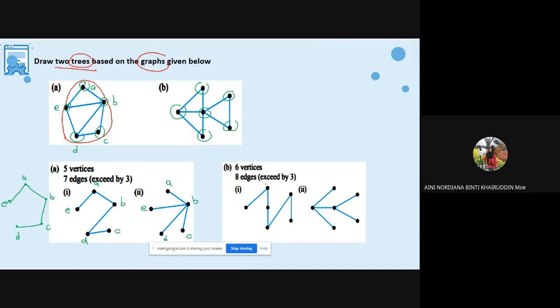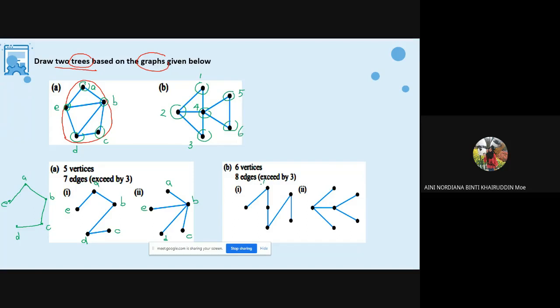Kalau you tengok kedudukan vertex semua sama. Okay. Vertex semua sama. Katakan cikgu tulis nombor 1, 2, 3, 4, 5, 6.